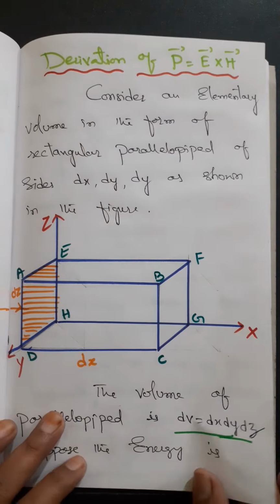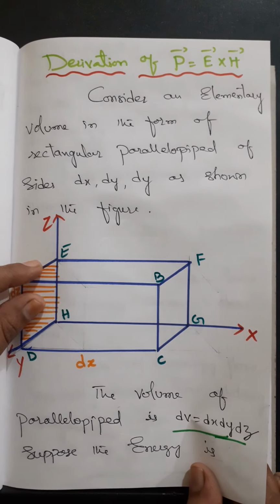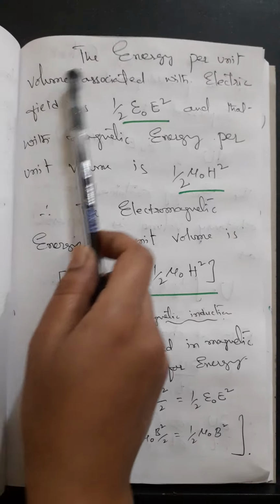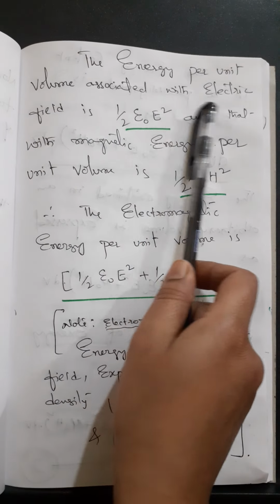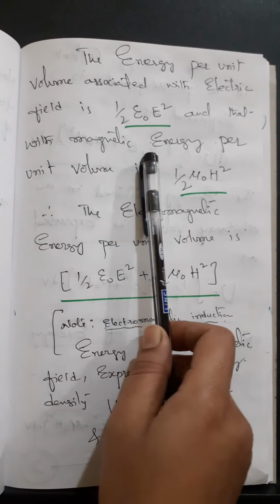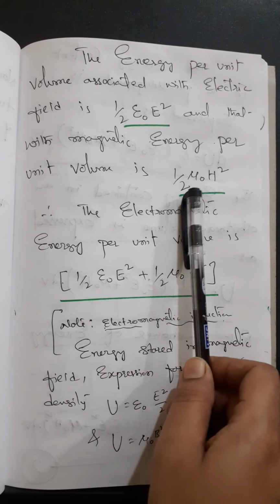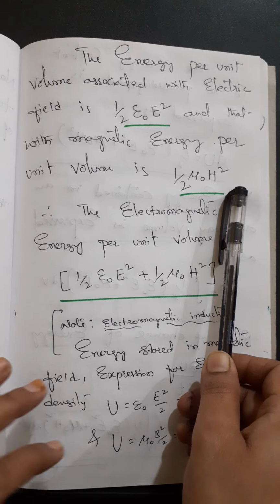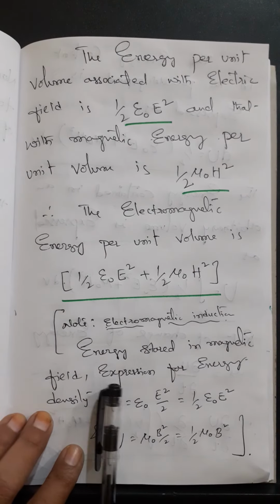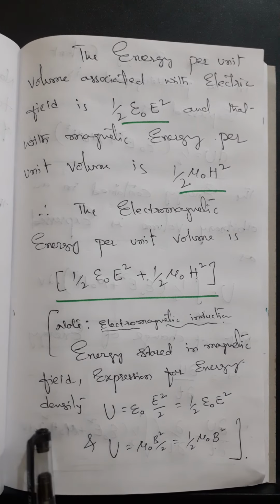First we consider the small surface, and after that we consider the whole surface. The energy per unit volume associated with the electric field is 1 by 2 epsilon naught E square, and that of the magnetic energy per unit volume is 1 by 2 mu naught H square. These equations come in electromagnetic theory when we derive the expression for the energy density.